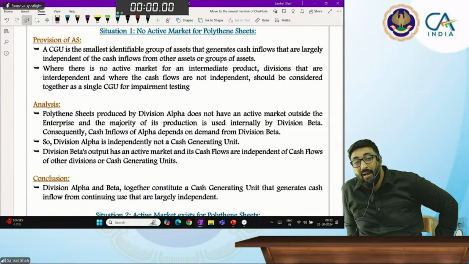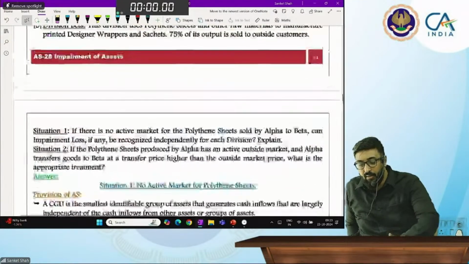A CGU is the smallest identifiable group of assets that generates cash inflows that are largely independent of the cash inflows from other assets or group of assets. Yes, sir. Say it without looking.